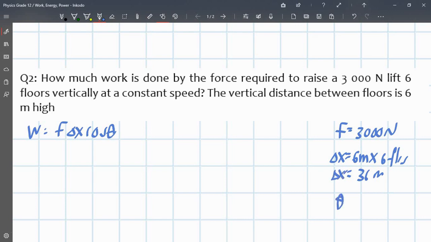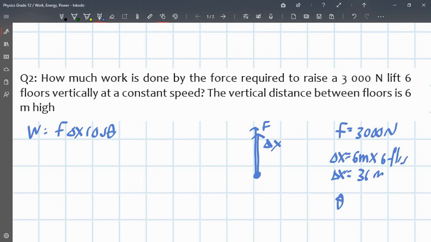Now, we just have to read the question. A lift goes upwards, right, vertically. So that's your displacement. It's going upwards vertically. Now, the force will also go upwards to lift the lift upwards. So your force will also be this way.